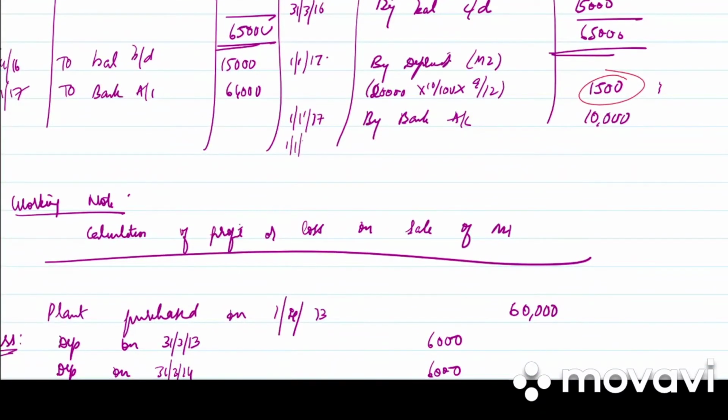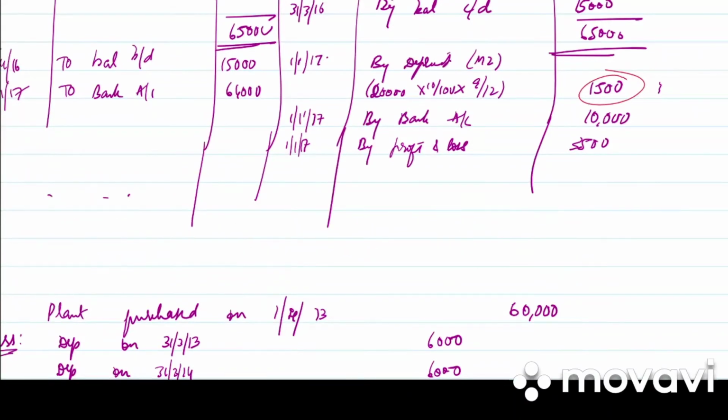So on 1st Jan we'll write by profit and loss account, in bracket loss on sale of machinery, 3,500. Next again on 31st March we need to calculate depreciation on the new machinery purchased. 64,000 into 10 by 100.